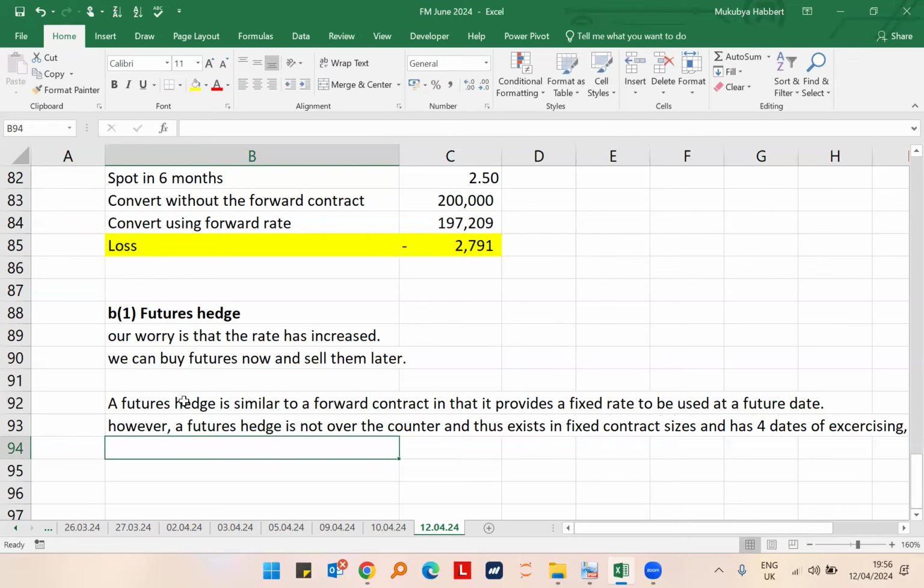Okay, remember that we talked about this in the previous question. So it has the March, has the June, has the September, and the December end dates.